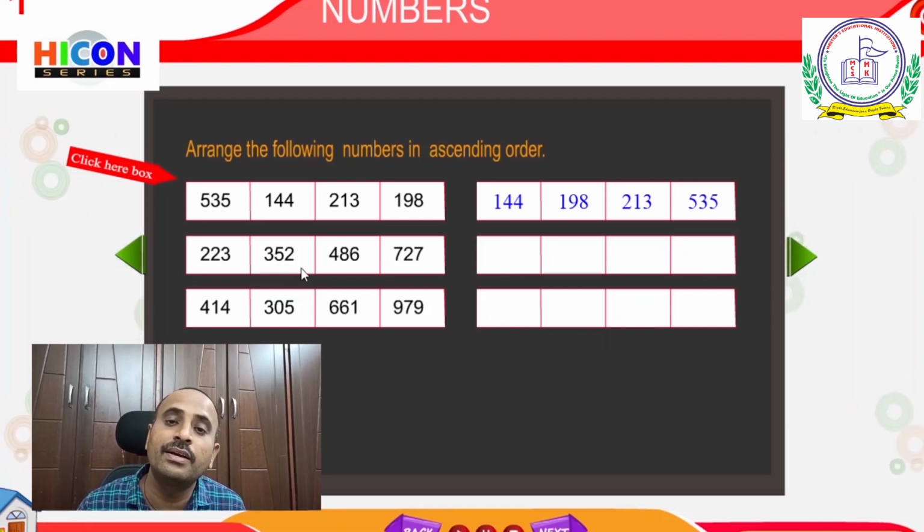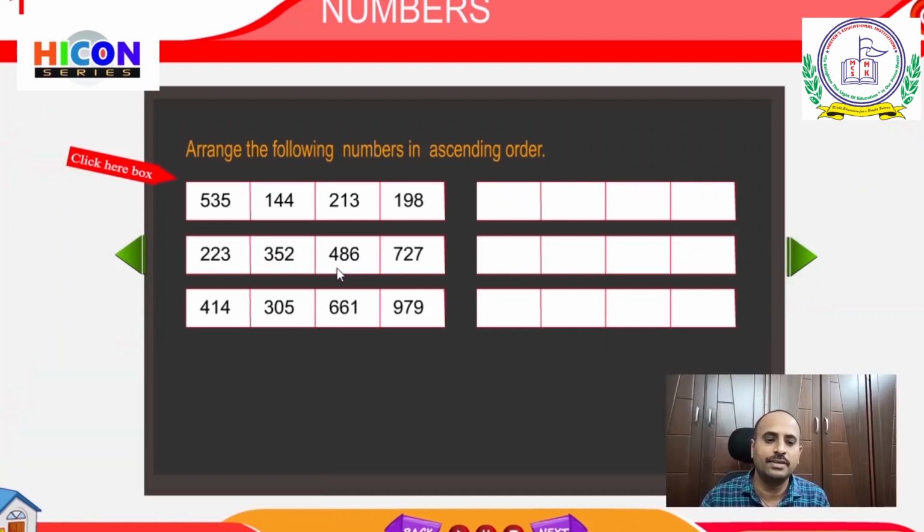So now compare the digits present in hundreds place. So children, compare the first digit from the left side in every number. So in the first number it is 2. In the second number, the first digit is 3.